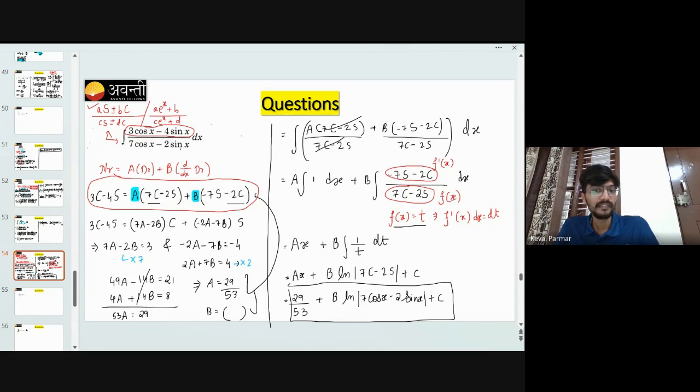The steps are pretty simple. You have to do exactly the same. Don't try to do anything else because answer nahi aayega. That's why they have made a specific method for these types of questions. Got it? This was a good question. So I hope you got it. You can say yes, no again in the chat.